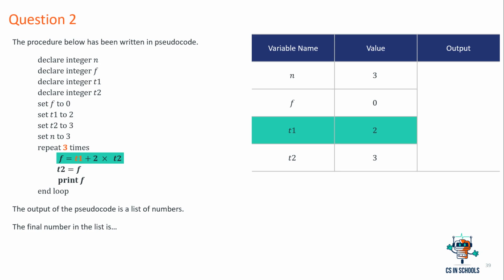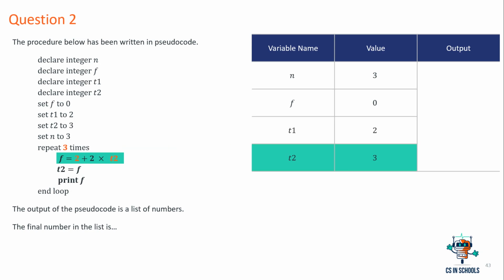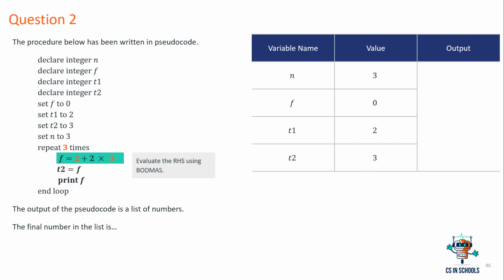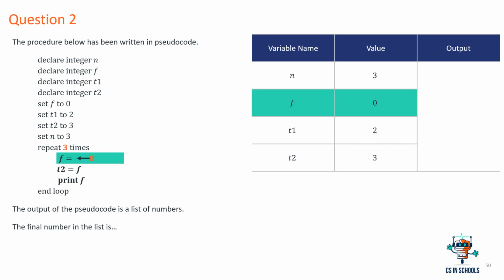So t1 is substituted by its value of 2, and t2 is going to be substituted by its value of 3. Then we evaluate that expression using BODMAS and standard rules of arithmetic. So that evaluates to 8. Now that we have finished evaluating the right-hand side, we can then assign it back to the variable on the left-hand side. So we're going to take that 8 and put it back into f, so you notice now that 0 gets updated to 8.